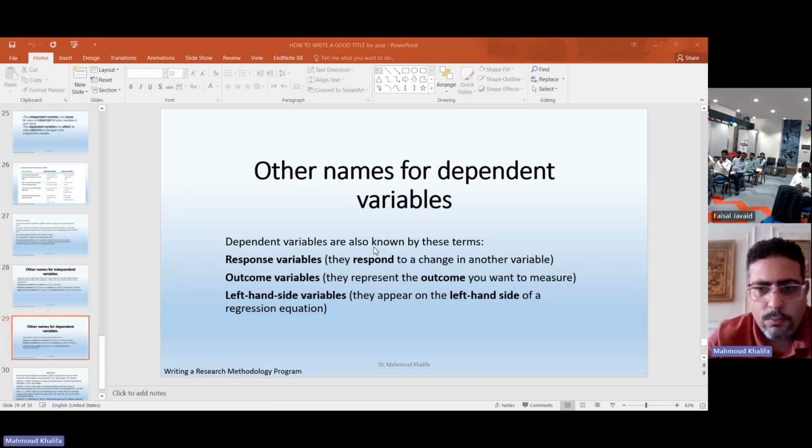So now, the previous topic was about how to write the title. We took the best steps of writing titles, and you need to differentiate between the 2 variables and reflect them in your title.